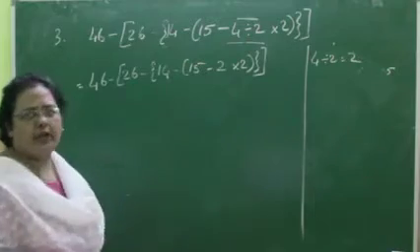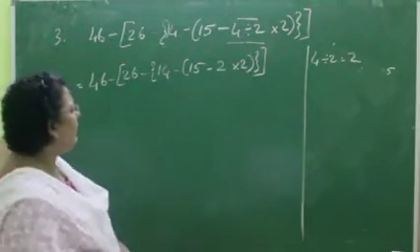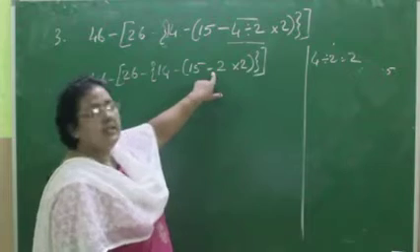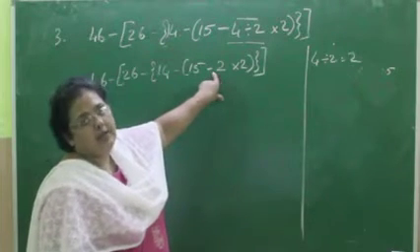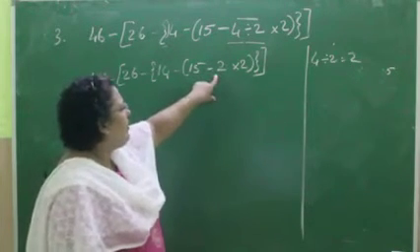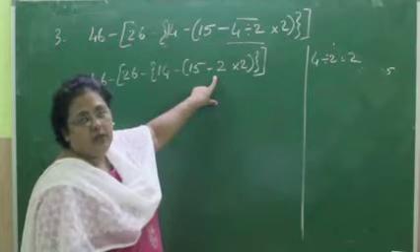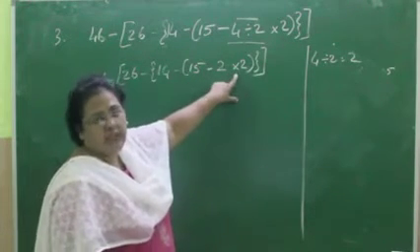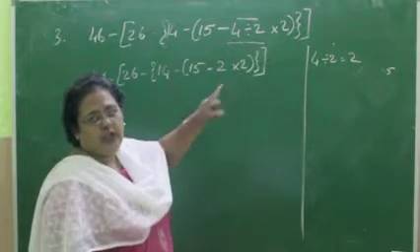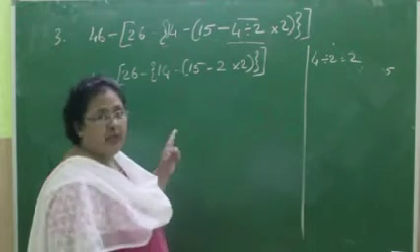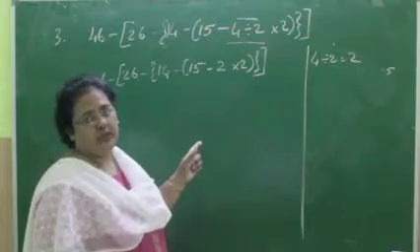Now which bracket do you have to do? We have to do what is inside this common bracket. Here inside this common bracket 2 operations are coming. What are they? Subtraction and multiplication. So here you have to do multiplication first, and then the subtraction.